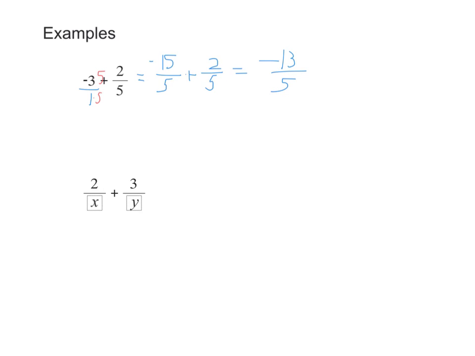Now things get a little bit more challenging. We're going to go ahead and start having variables as the denominators. But just like before, these two fractions have nothing in common. The denominators are completely different. So like the first example we did, we'll have to multiply those together. My denominator will be x times y.